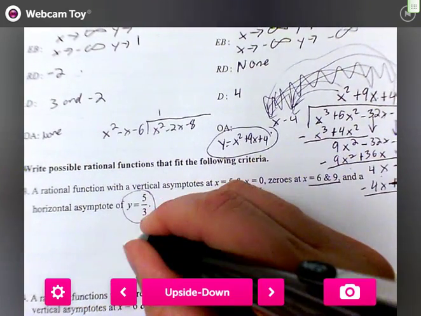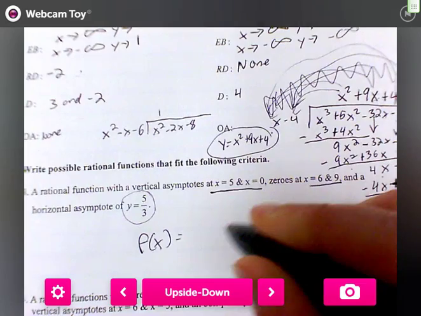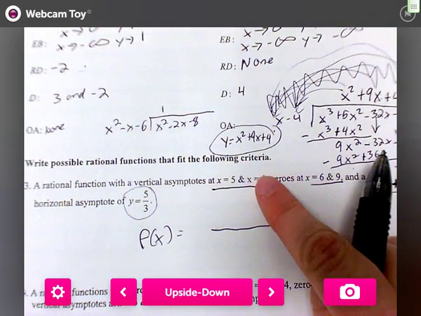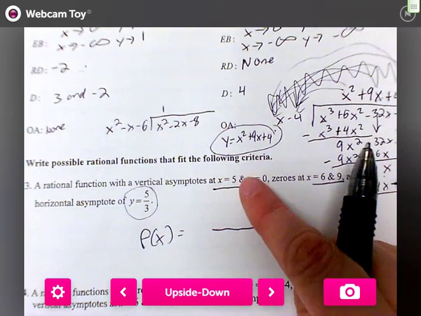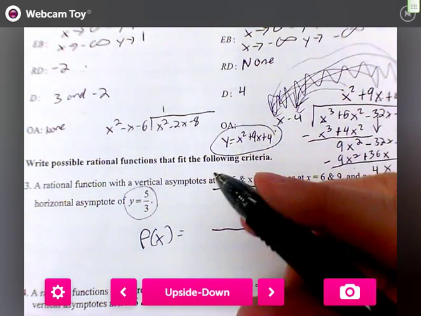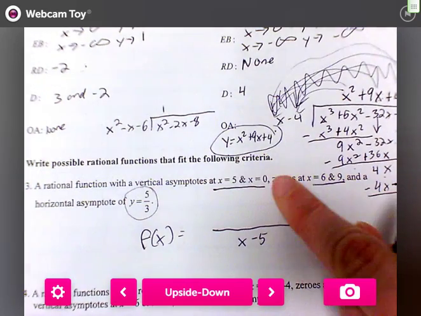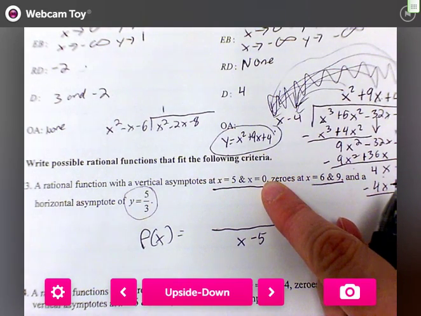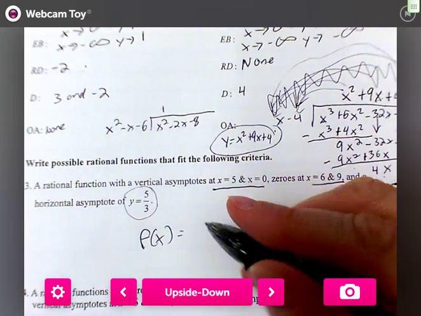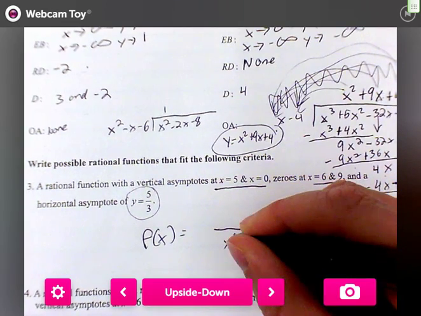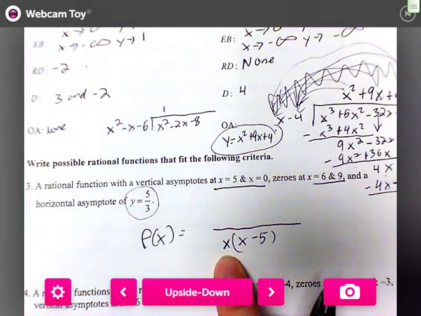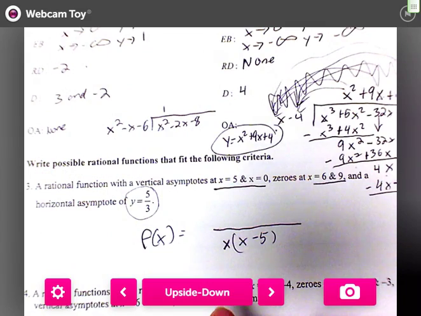If I'm going to say f of x equals, and I'm going to have a line, where do I put the vertical asymptotes? On the bottom. And remember, they're the opposite of these, right? So it'd be x minus 5. How do I put 0 down here? It's just an x. It's just an x. Because remember, if I put a 0 in for that, the whole bottom part would be 0, right?